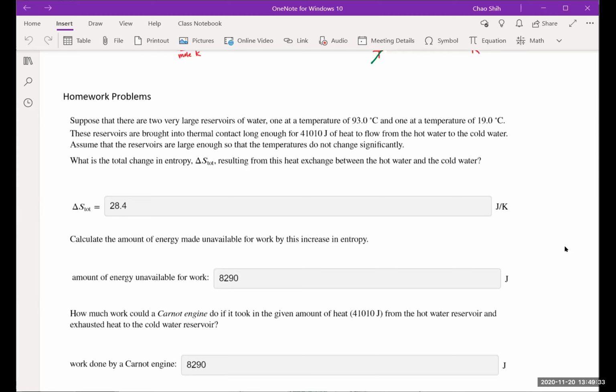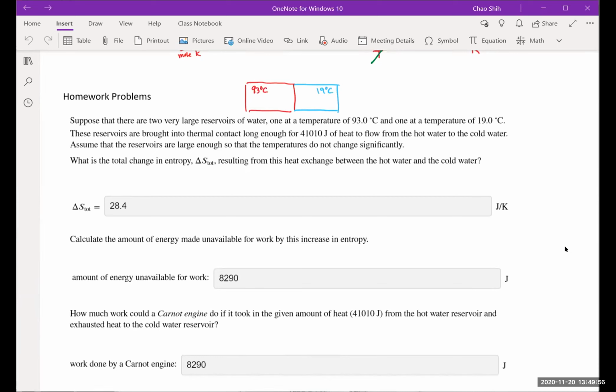You put them together in thermal contact and they're going to have a heat transfer. So I have a hot reservoir here and a cold reservoir here. The hot one is 93 degrees Celsius, the cold one is 19 degrees Celsius.